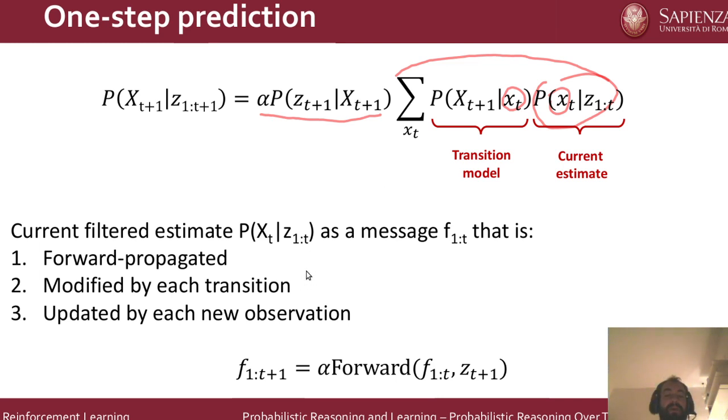So as a summary here, the current filtered estimate of a certain state at time step t given the sequence of observations from 1 to t can be computed as a message, the forward message, that is forward propagated by considering the transition model every time and updating it through a new observation.